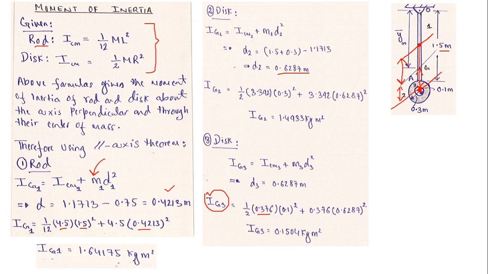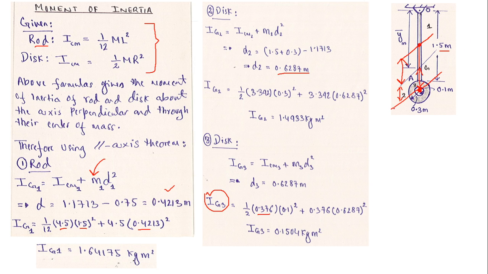That is why you don't have to use a negative sign here. So it is half mass of the smaller disk 0.376 kilograms into radius of the smaller disk 0.1 whole square, plus mass of the smaller disk 0.376, the distance between the two axes.